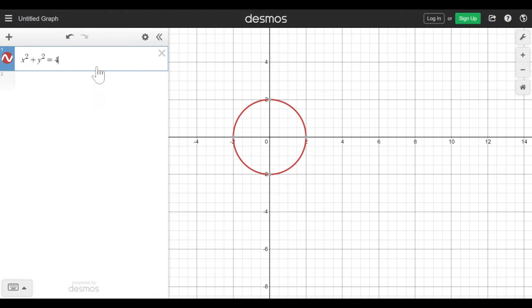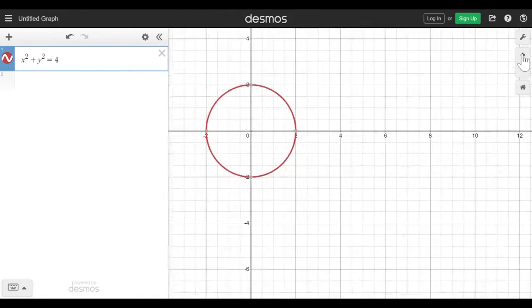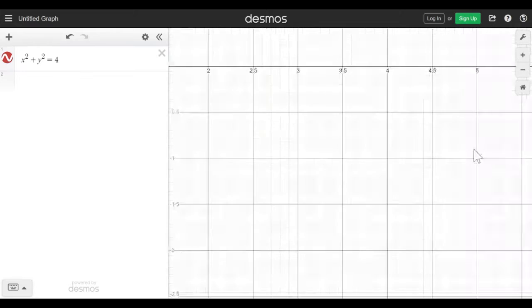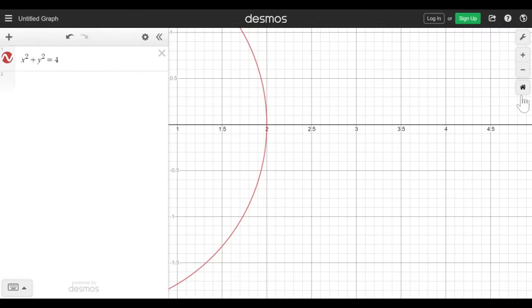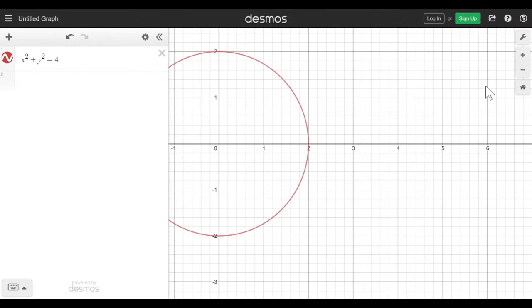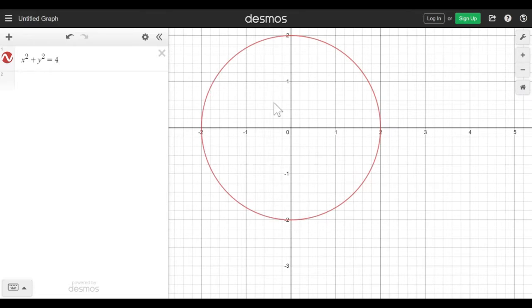Okay, so we can see from the circle, applying the rule, you will get symmetry here for x-axis. You can see that.